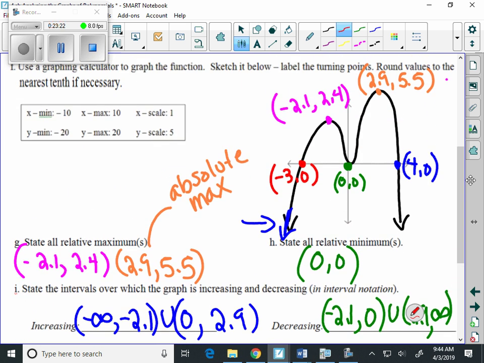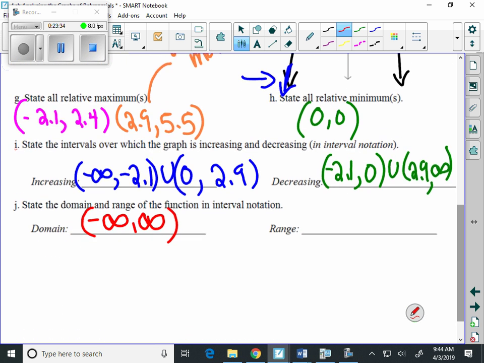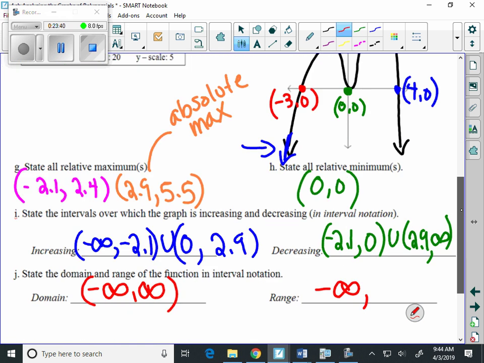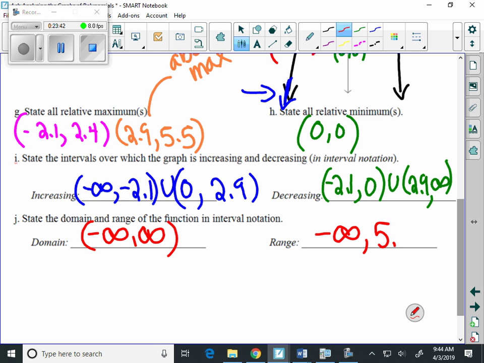And we just talked about a minute ago that that point, 2.9, 5.5, is an absolute maximum. It's the highest point in the graph. So when we write this, we're going to go from negative infinity to the y value, which is 5.5. And that one's included. Infinity always has a parenthesis. That's our range.